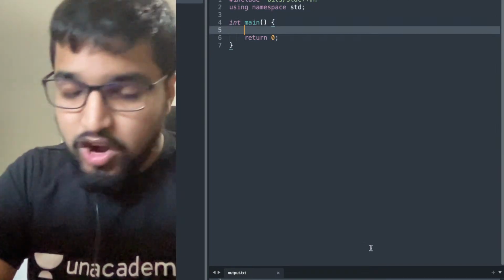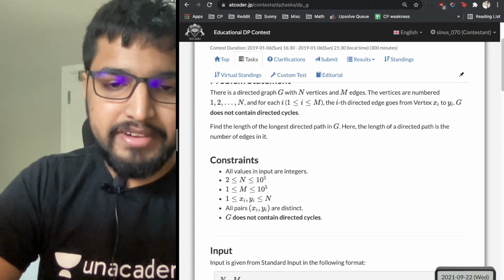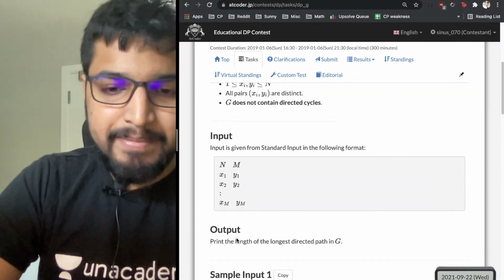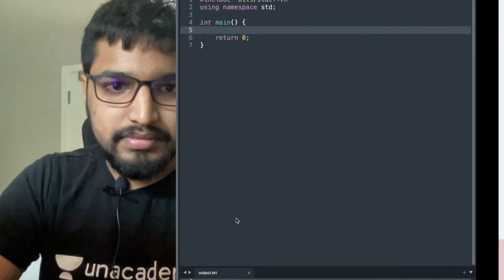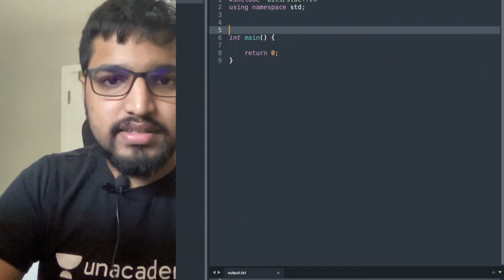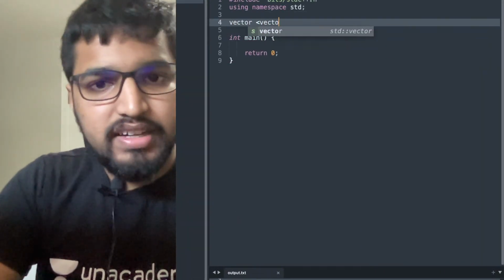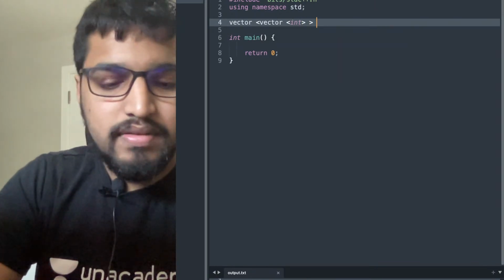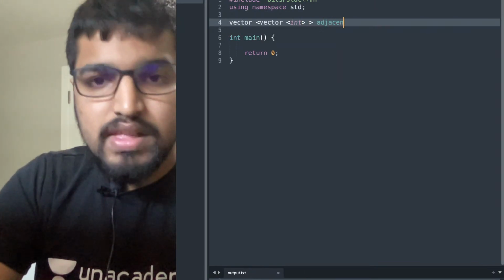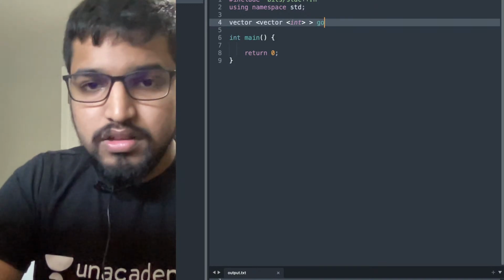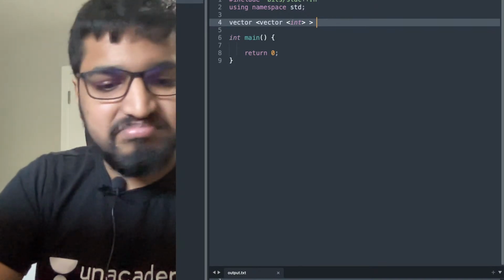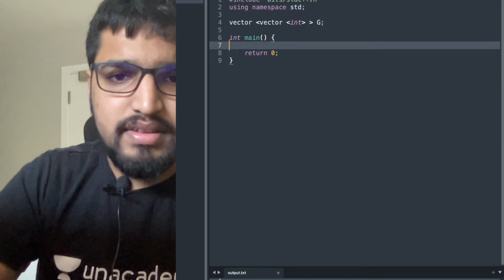First of all, how am I going to store things here? Let's look at the input first. Input format: N, M, and there are M pairs. So what I'm doing here is a vector of vectors, I'm just storing the graph basically.